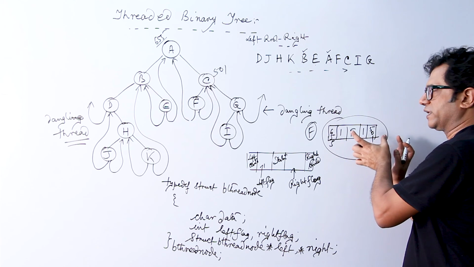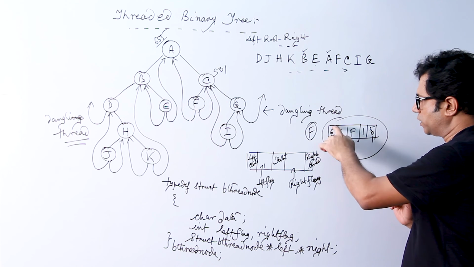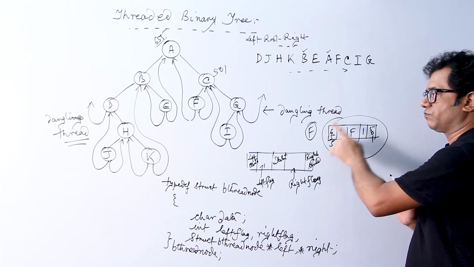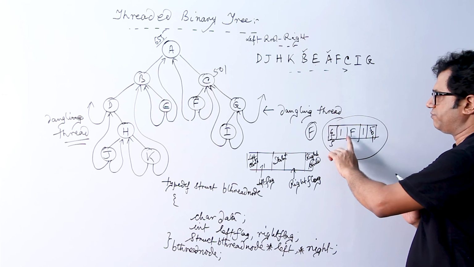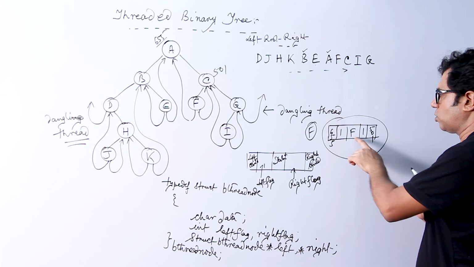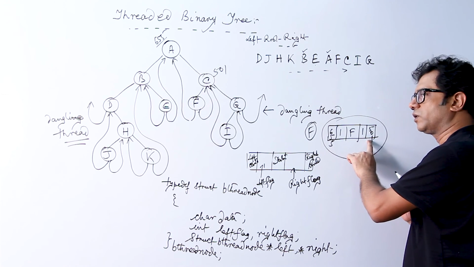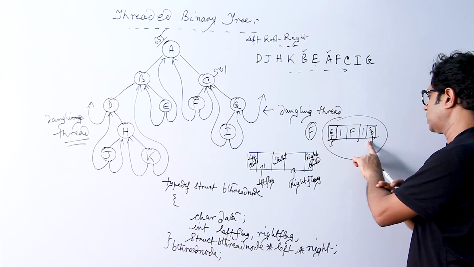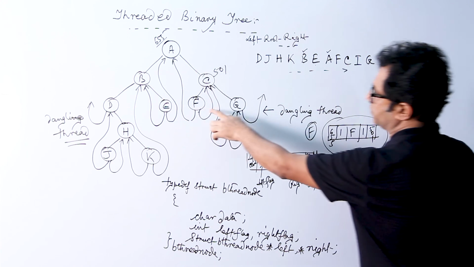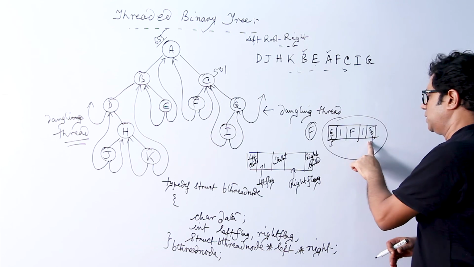This left pointer will contain the address of the inorder predecessor of F, that is 655, which is the address of A. The right pointer of the node containing the data F is 501, which points to the inorder successor of F, which is the address of C, that is 501.